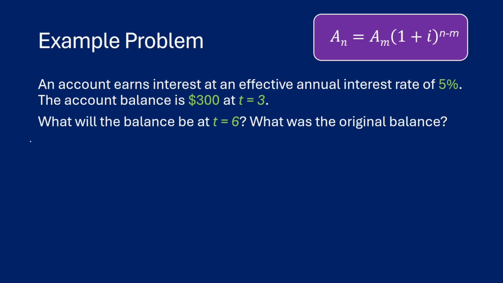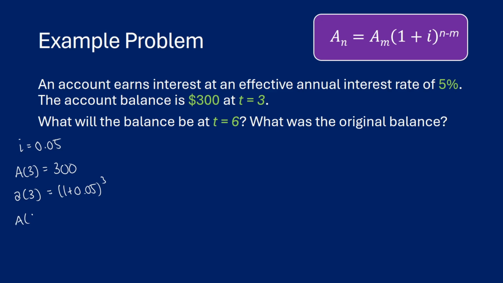Okay, so I'm just going to write some stuff out so I have it. So i is equal to 0.05. The amount at 3 is equal to 300. Little a of 3 is going to be 1 plus 0.05 cubed.